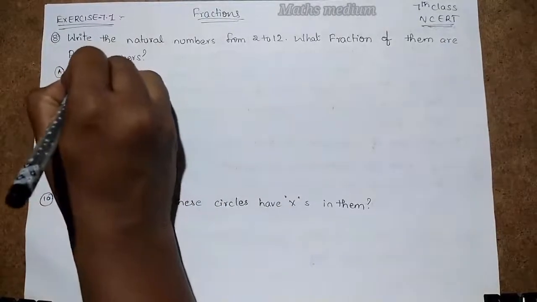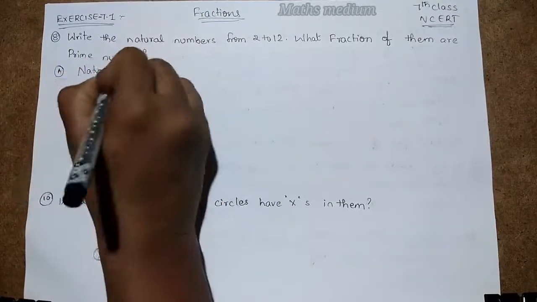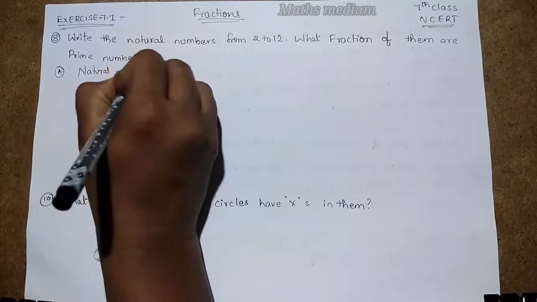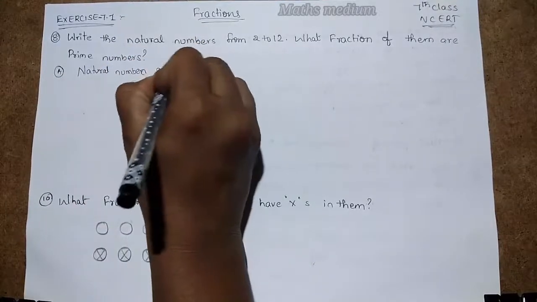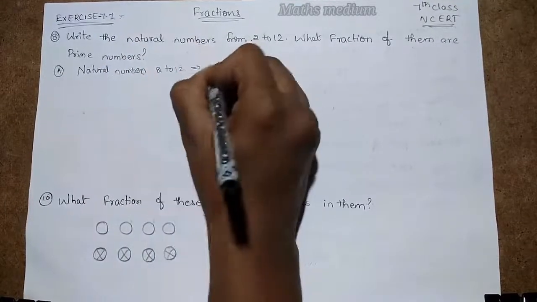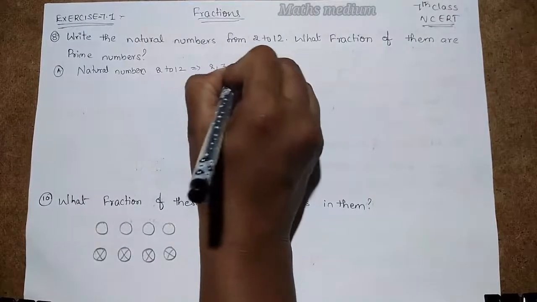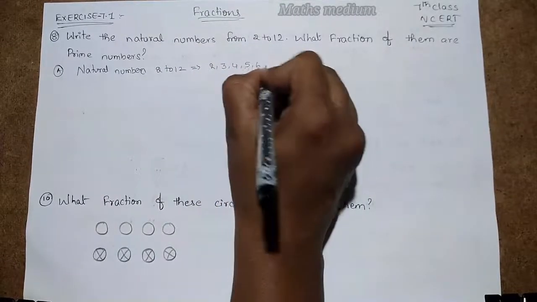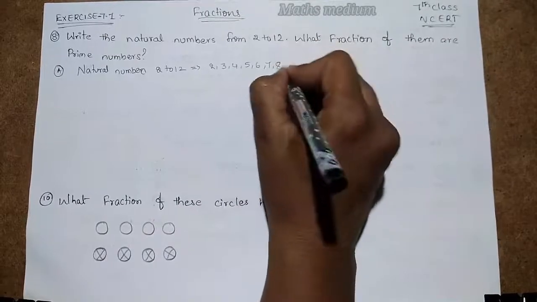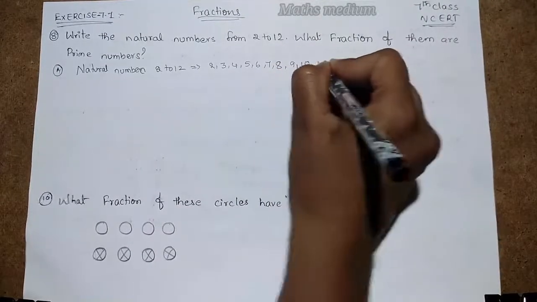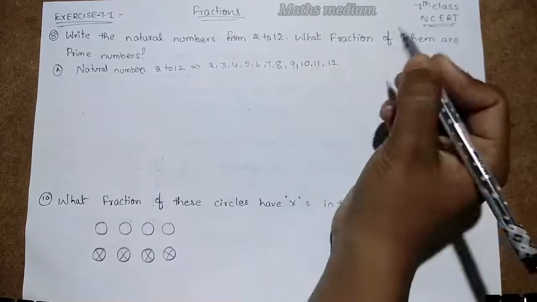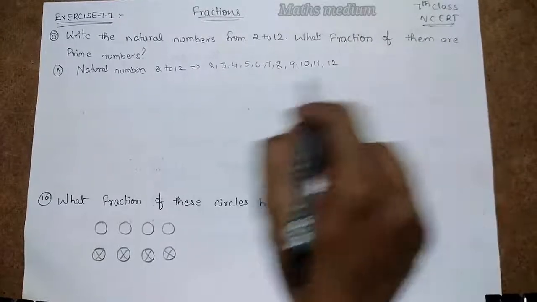Natural numbers 2 to 12 equal 2, 3, 4, 5, 6, 7, 8, 9, 10, 11 and 12. So now, what fraction of them are prime numbers?